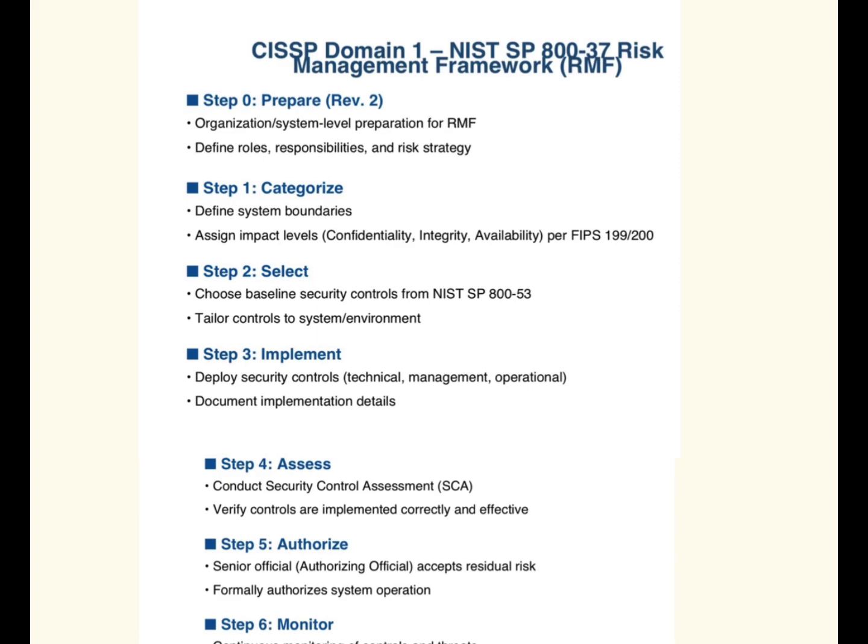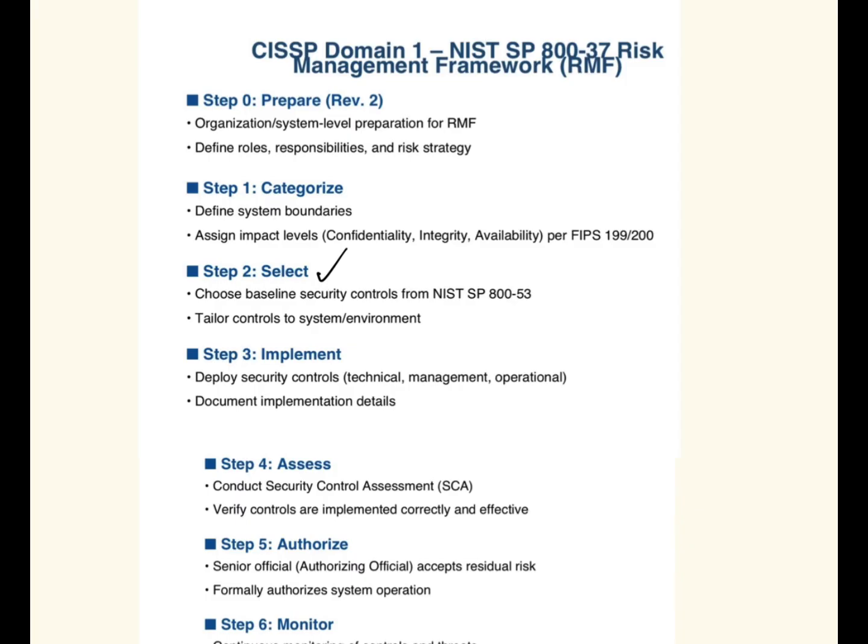Then step two is select. Choose baseline security controls from NIST SP 800-53. 800-53, as we know, provides a detailed catalog of security controls. So pick security controls from this catalog that match the system risk level.